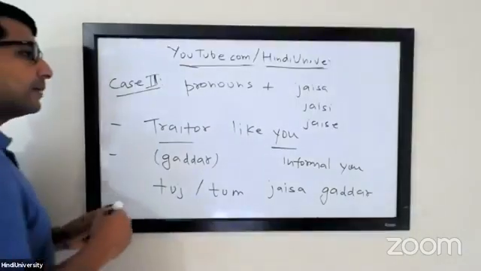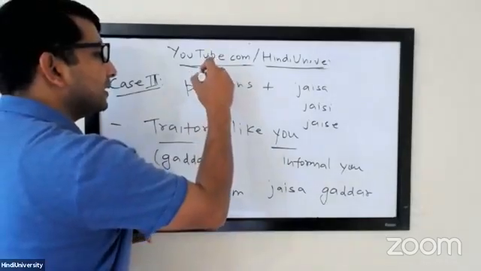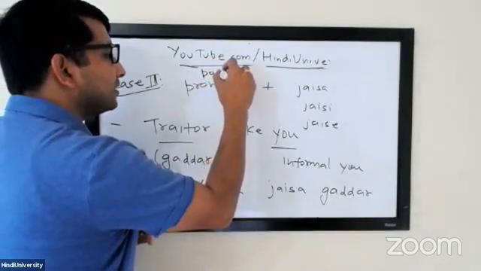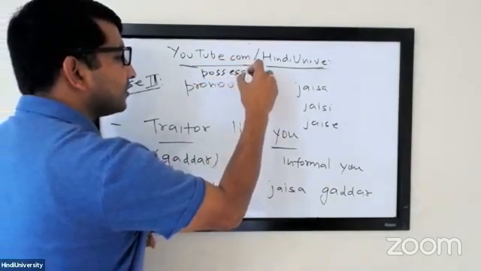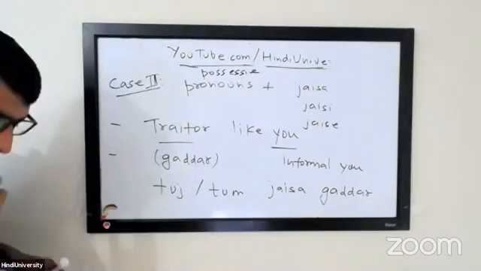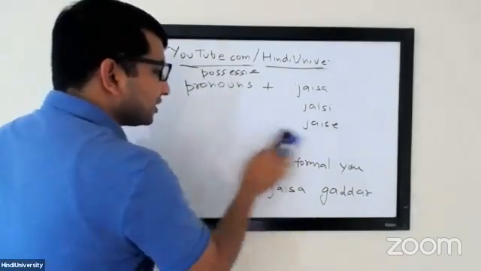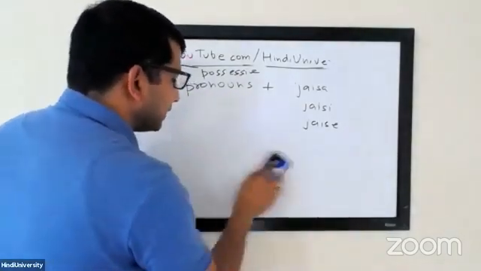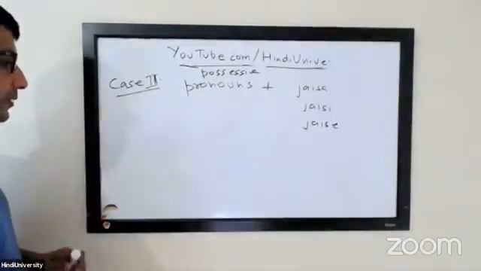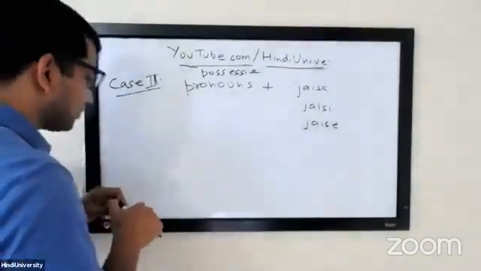Okay, now the next one is possessive pronoun. Same thing, but instead of the plain basic form, you have the possessive pronoun. Possessive pronouns, as most of you are familiar, show the relationship between the pronoun and what follows.